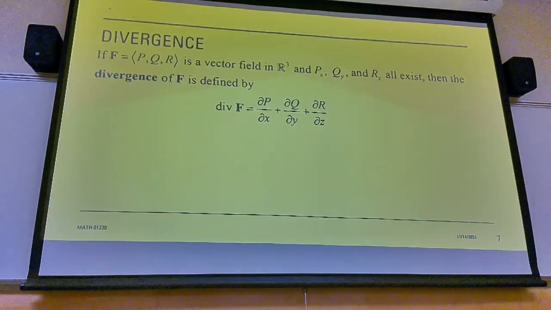They all exist. The divergence of F is defined as partial P partial x plus partial Q partial y plus partial R partial z. Divergence is also written as del dot F.